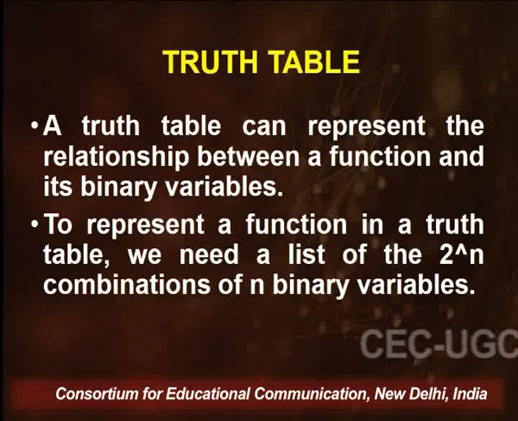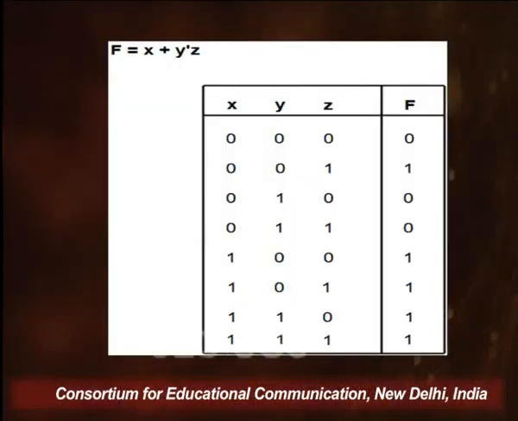As I said earlier, if we have n variables, we are going to have 2 to the power n combinations of the inputs represented there. Look at this table. This is about the same function that we were using, x plus y dash z. The inputs are x, y, z. The output is represented by the functions of the gates that are being used here.